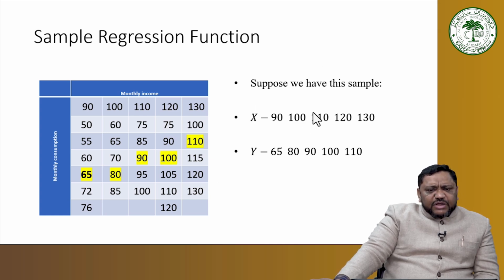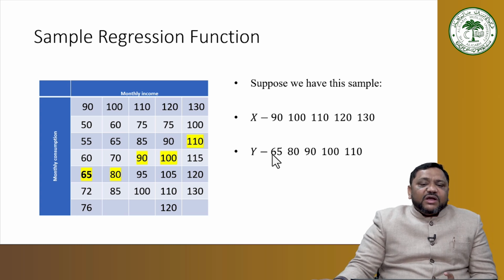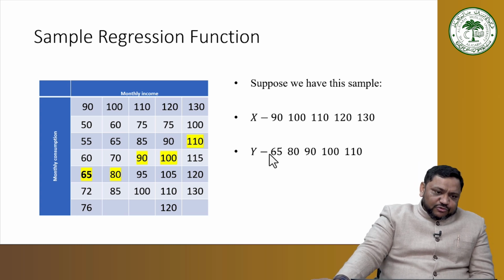The entire population is divided into 5 groups, and from each group we select one household. We have highlighted them in yellow.